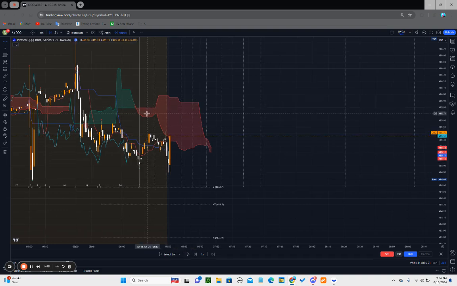So span A and span B are these two lines, which create the cloud, probably the largest component of the Ichimoku indicator. They're basically the offset EMAs and the relationship between the offset EMAs and the support and resistance zones they create in relation to price action.